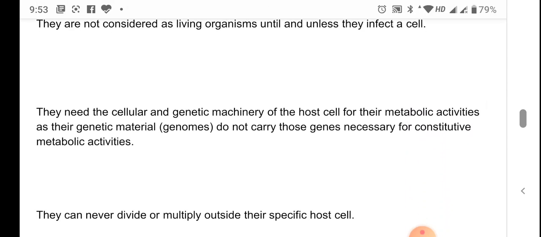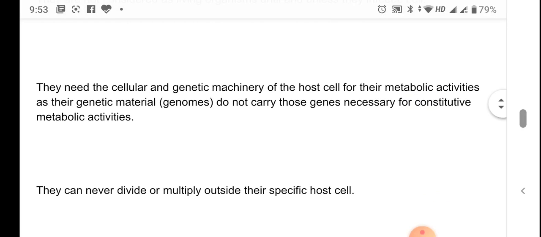So they need the cellular and genetic machinery of the host to multiply. They cannot multiply on their own. They require the cellular and genetic machinery of the host to divide, to multiply, or for their metabolic activities.